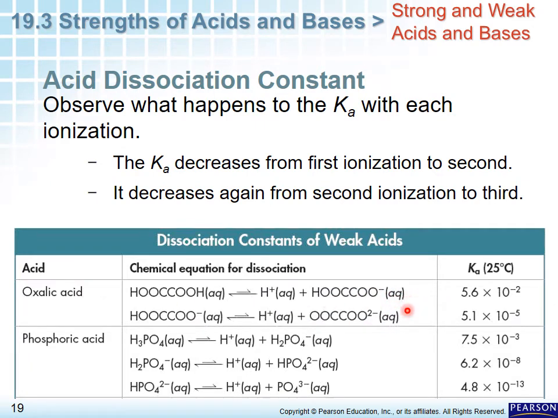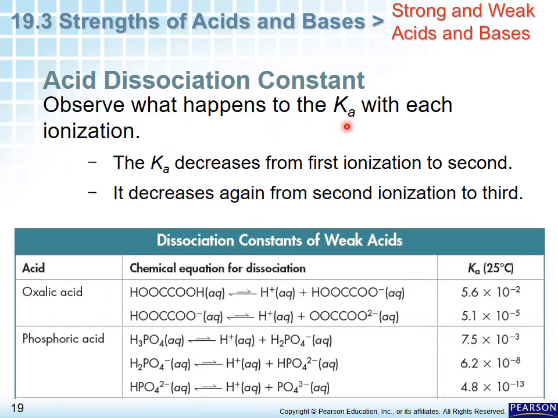So when it loses the first hydrogen, the acid dissociation constant value will be this at 25 degrees Celsius. Where do we get it from? In the lab. And then when it dissociates the second hydrogen, it gives this value of Ka. So this constant depends on the acid, monoprotic, diprotic or triprotic.